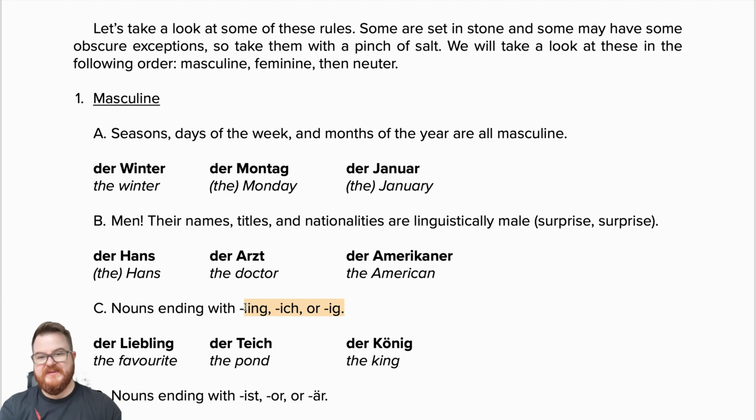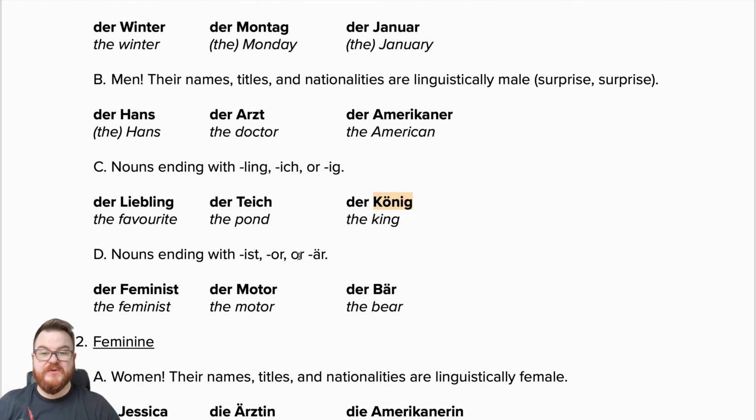Any nouns that end in -ling, -ig, or -ich are masculine. Der Liebling, the favorite. Der Teich, the pond. Der König, the king. Nouns that end with -ist, -or, or -er are also masculine. Der Feminist ends with -ist. It is a masculine word.